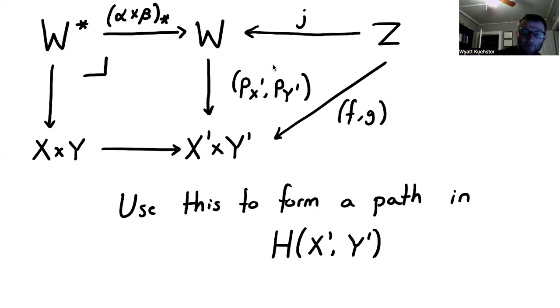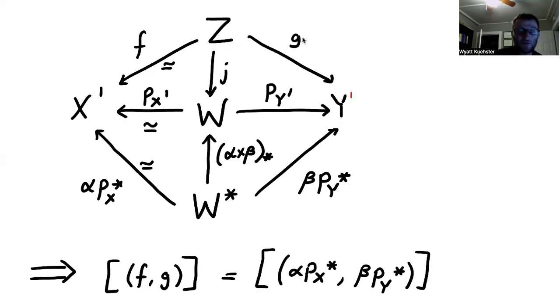And then my map from z to w satisfied that p x prime j was f and p y prime j was g, and p x prime was a weak equivalence. So that gives me this middle cocycle here with w in the middle. Okay, and then I also have a map from w star to w, and alpha p x star and beta p y star were the maps that we wanted to form a path with.